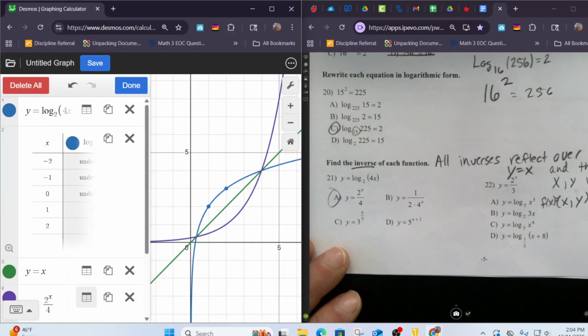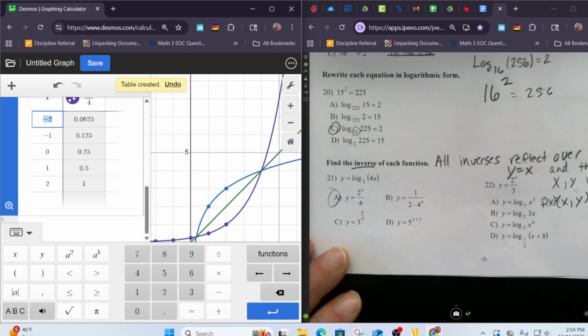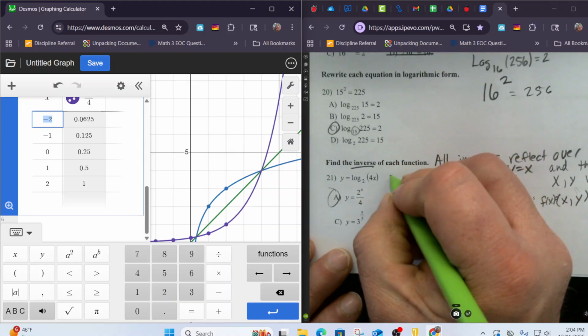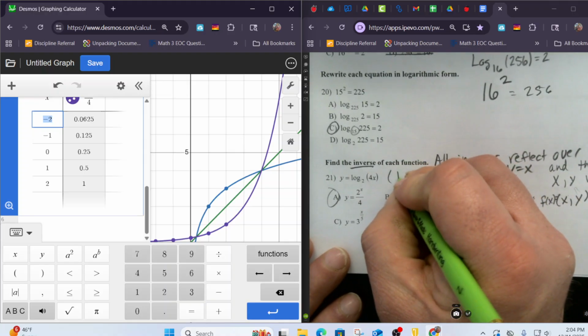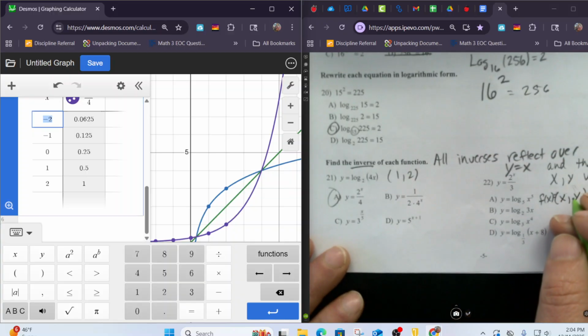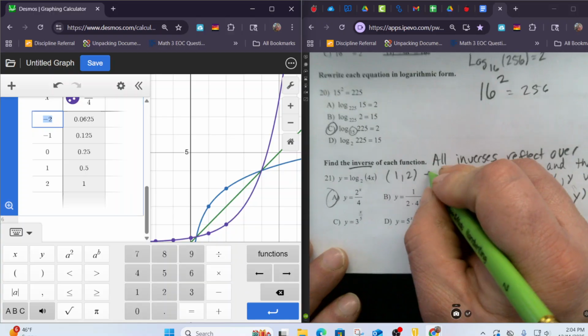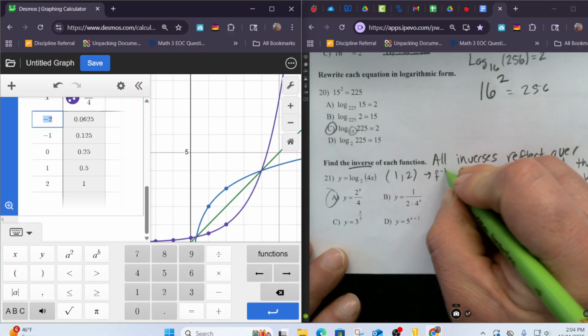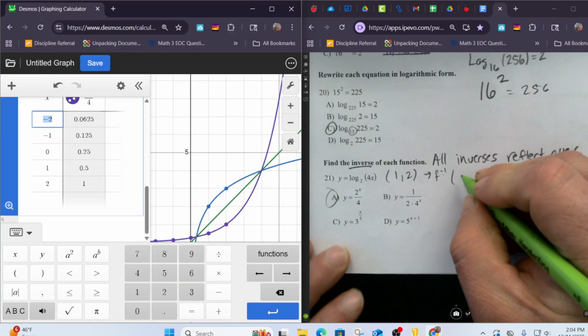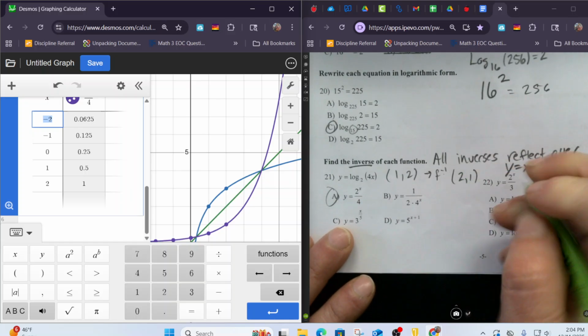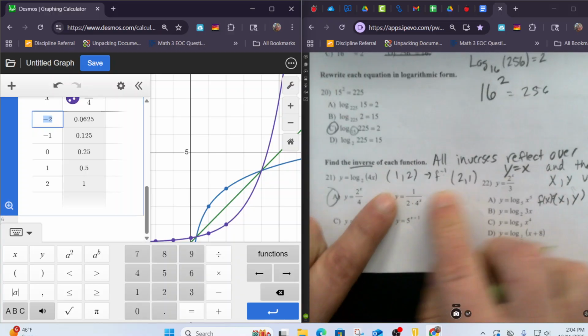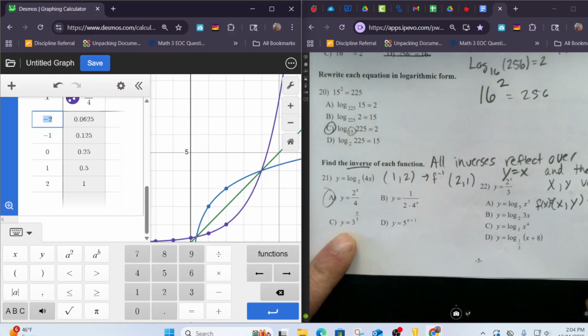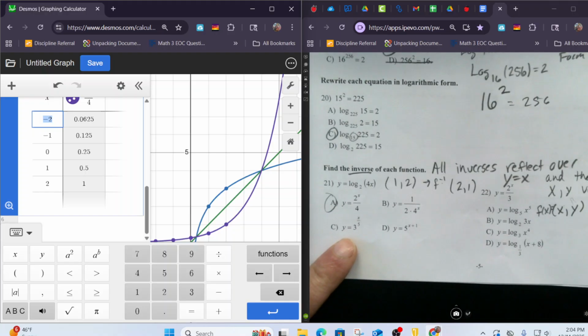Notice in my original, when x was 1, y was 2, right? In my inverse, it's flipped, so you have two things proving that this is the right answer. That is this inverse. Does everybody understand how to do that without knowing how to do inverse?